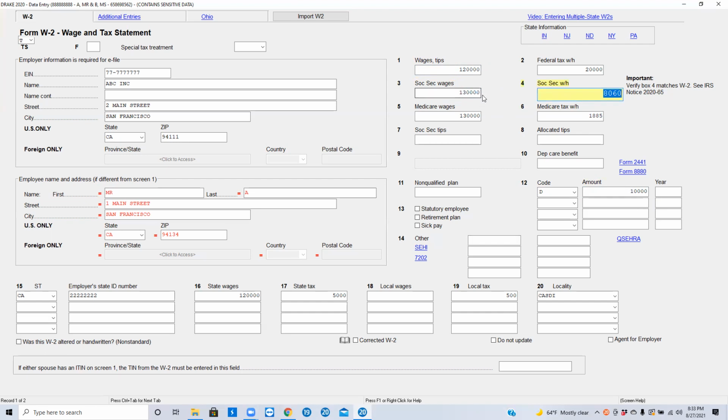The taxable income is 120k, but he's really making 130k. But the 10k is tax deferred in the 401k. That means he's not going to pay tax in the year 2020 tax return. He will pay tax when he distributes the money from this 401k, including principal and gain.